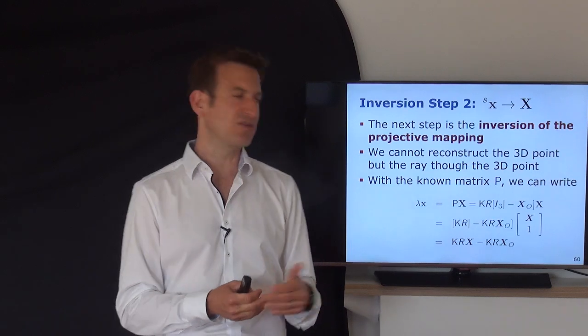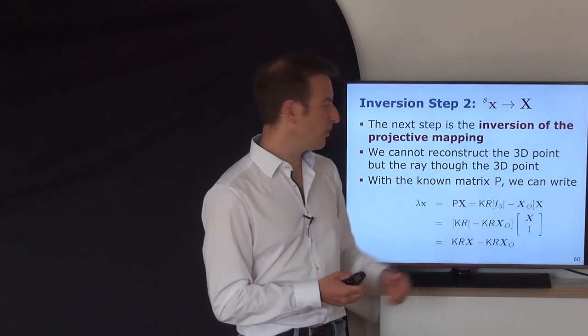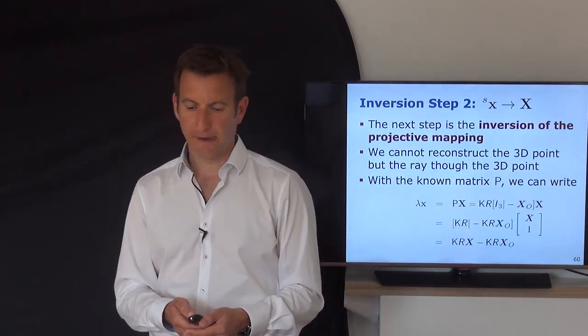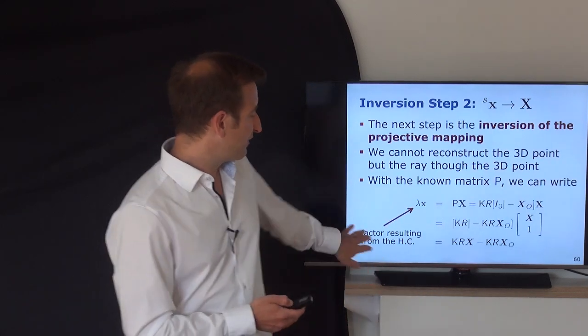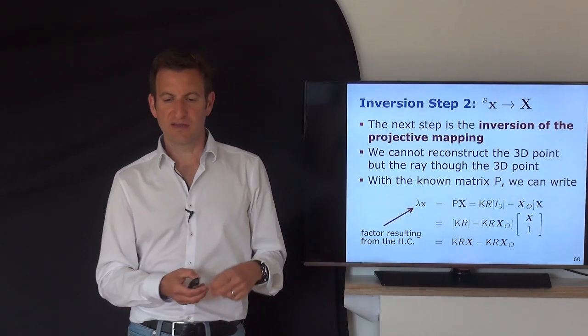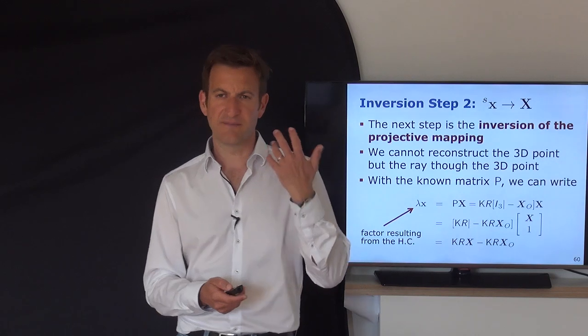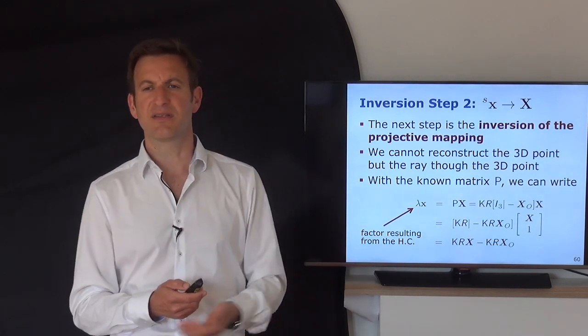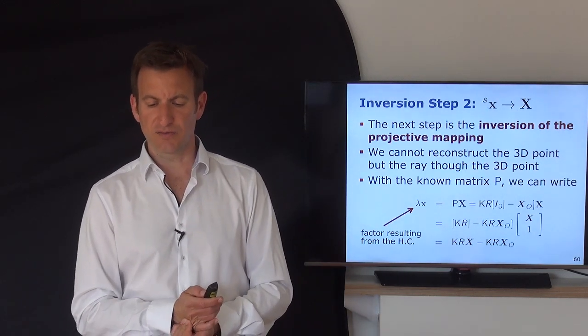Okay, so nothing, I just multiplied this vector with this matrix over here. And so this again was a factor resulting from the homogeneous coordinates, and this is something that I can exploit in a second, that everything is only known up to a constant.